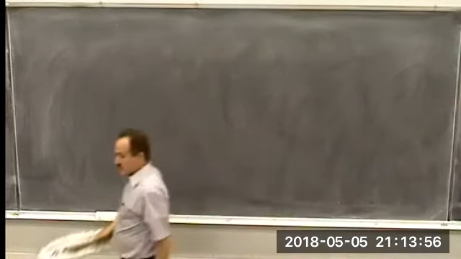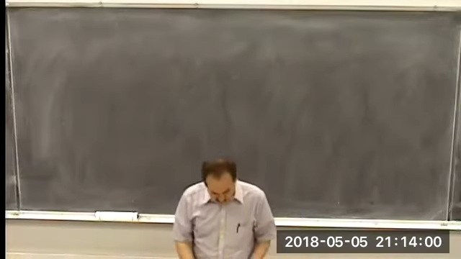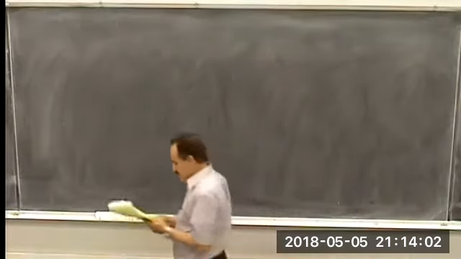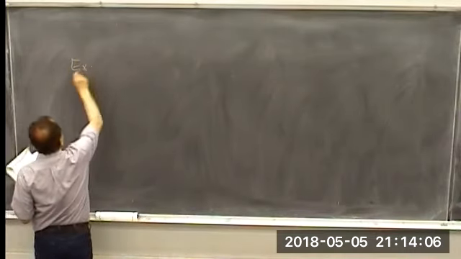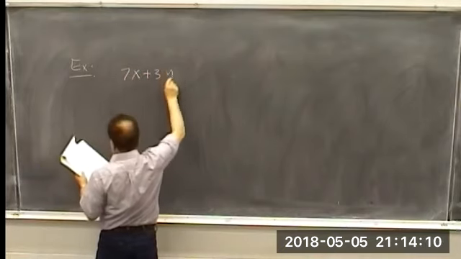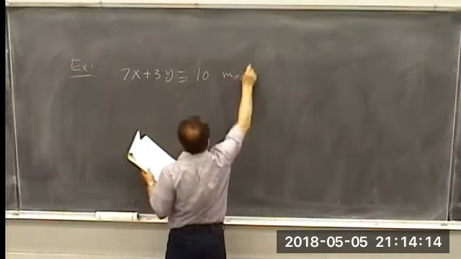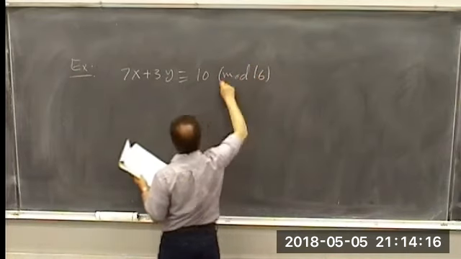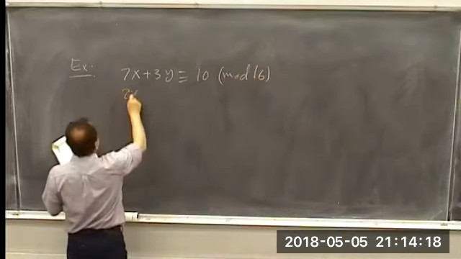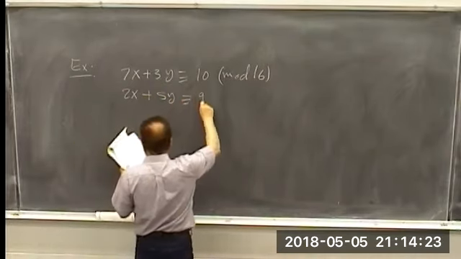All right, so here's an example. Actually, this one is given in the book, so let me just give the same example. We have 7x plus 3y congruent to 10 mod 16, and 2x plus 5y congruent to 9 mod 16.